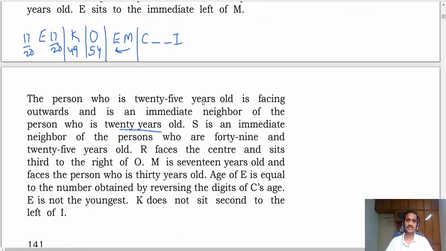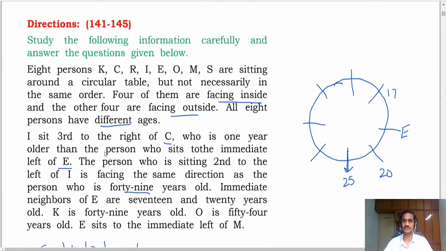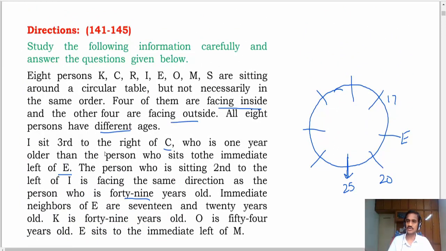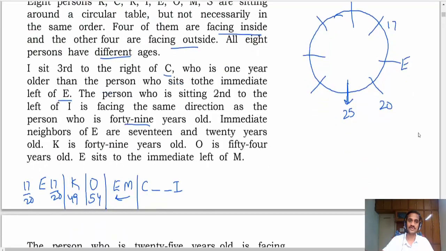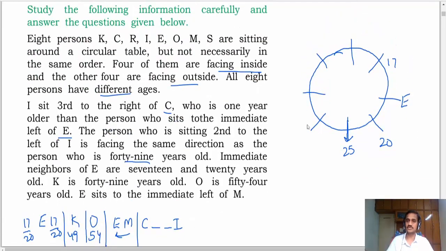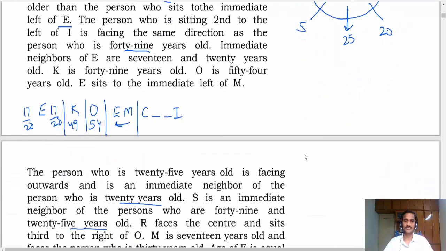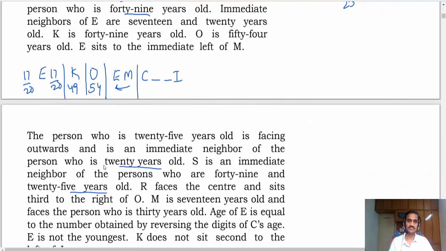S is an immediate neighbor of the persons who are 49 and 25. S is between the 49-year-old and the 25-year-old. If S is here, then 49 would be K, which is not possible, so S goes here and this is K. S is between K and 49.